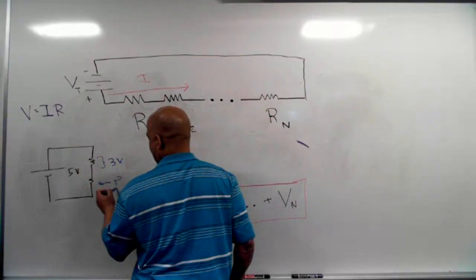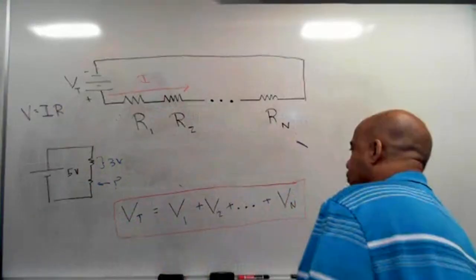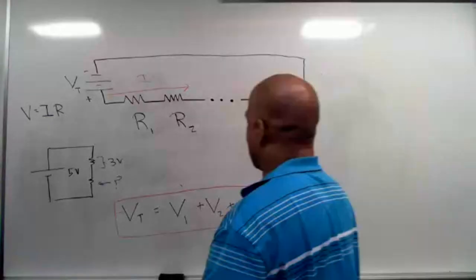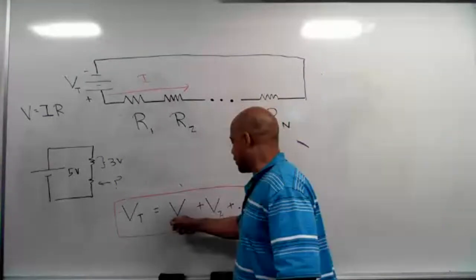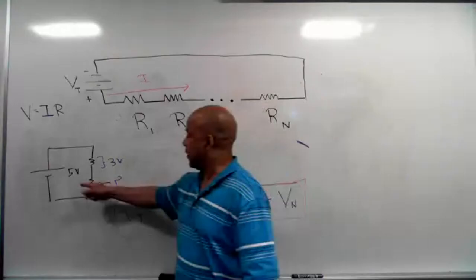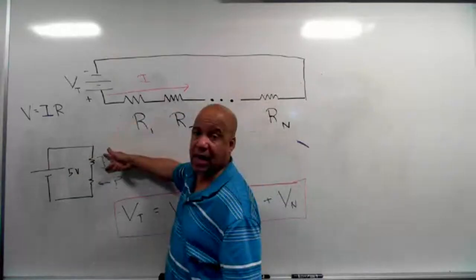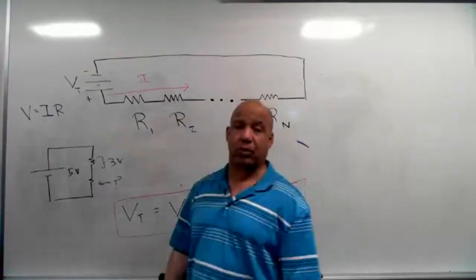What's the voltage drop across that resistor? How much is it? 2 volts. Gotta be 2 volts. Why? Because Kirchhoff's voltage law says the sum of the voltage drops gotta add up to the total voltage. So if this is 5 volts across both resistors, you're telling me that there's 3 volts across that top resistor, then that one's gotta drop 2.